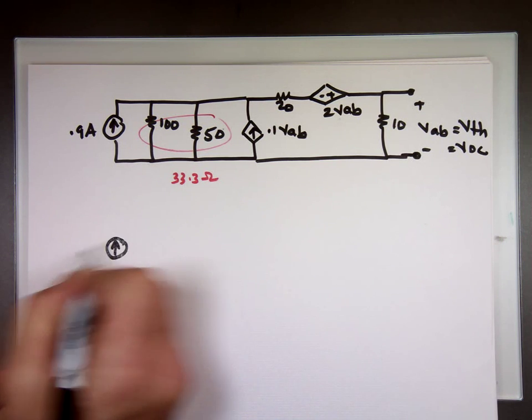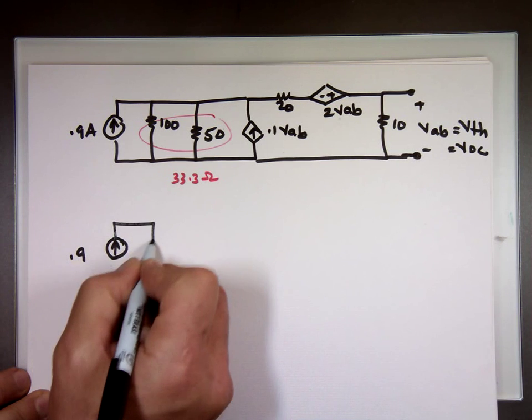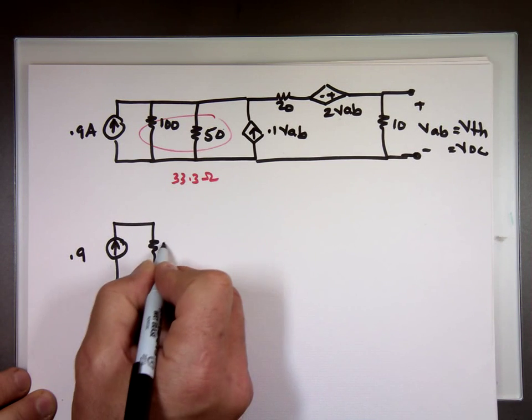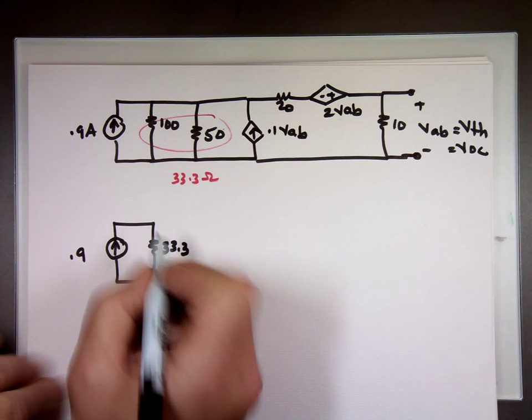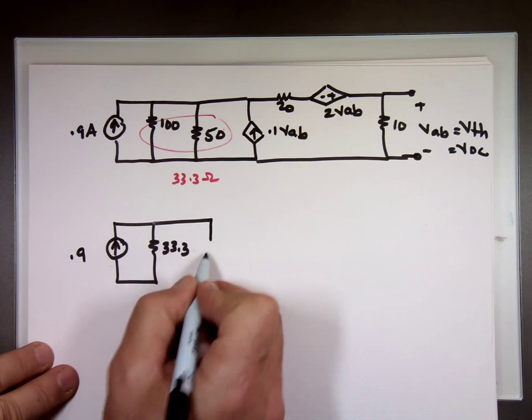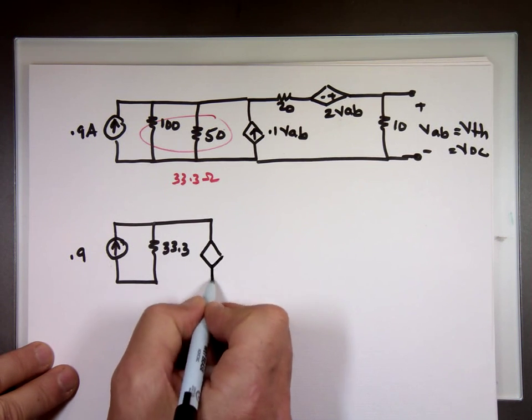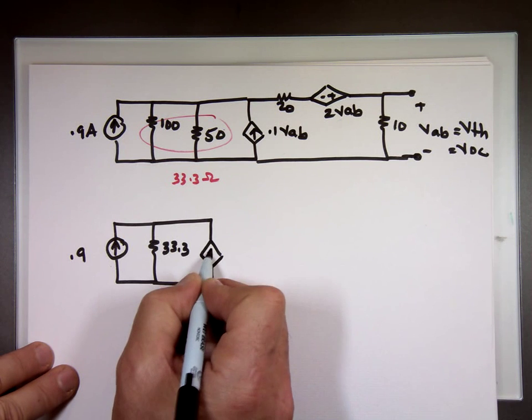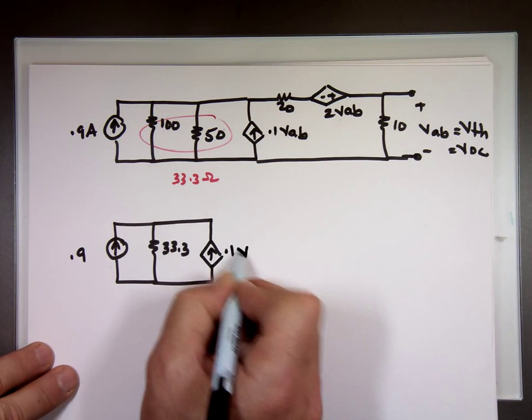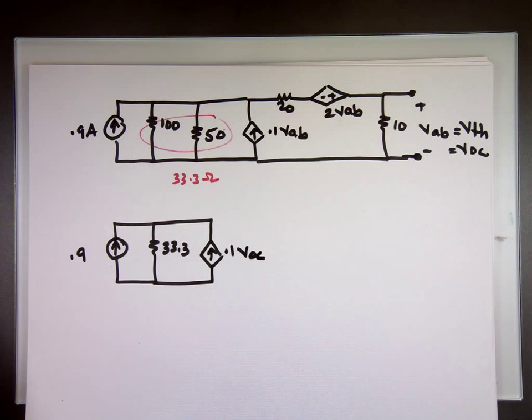So 0.9 amp and 33.3 ohms. 0.1, I'm going to write that instead of V_AB, V open circuit, because V_AB equals V Thevenin equals V open circuit.